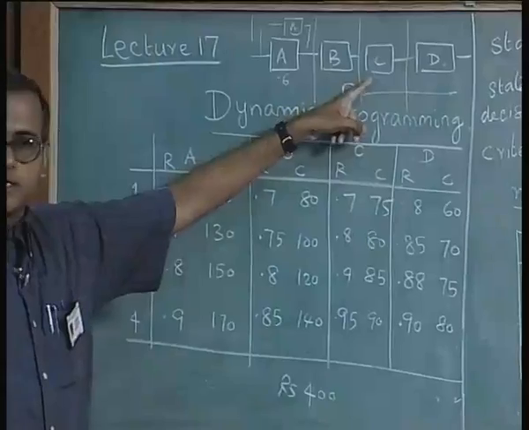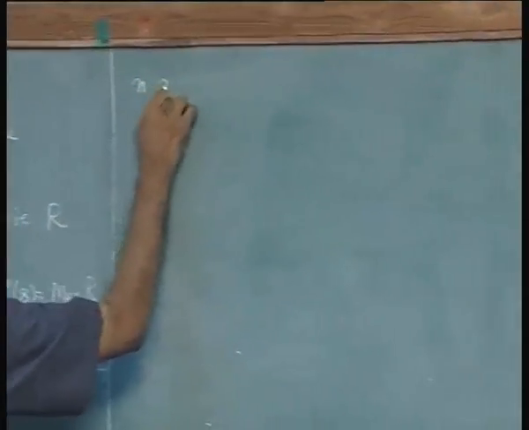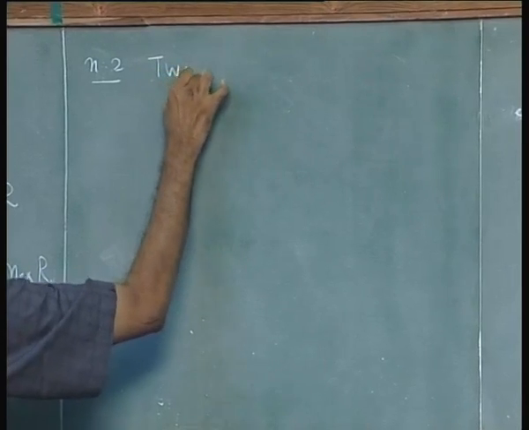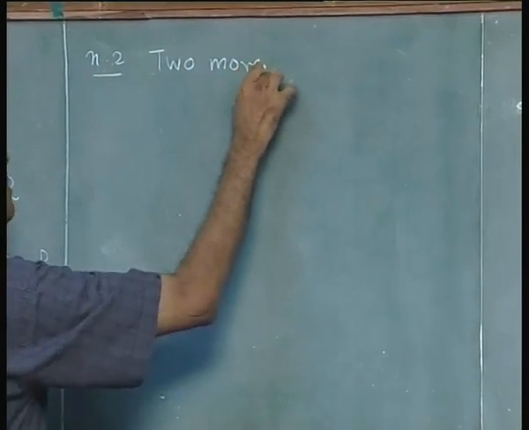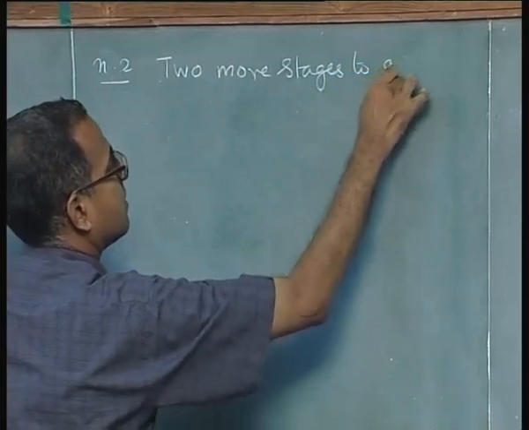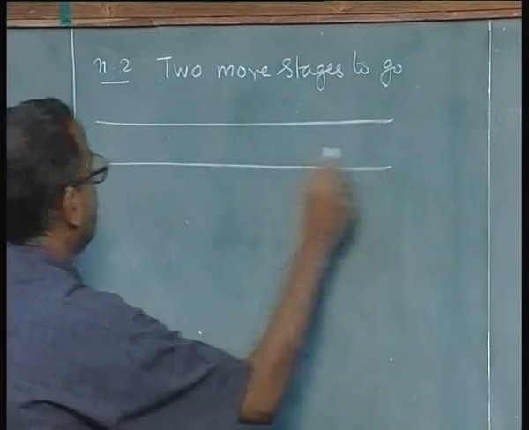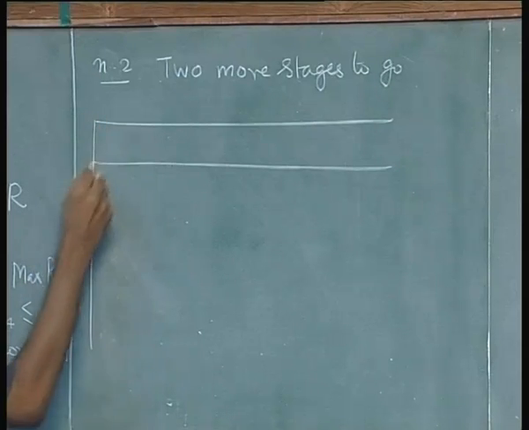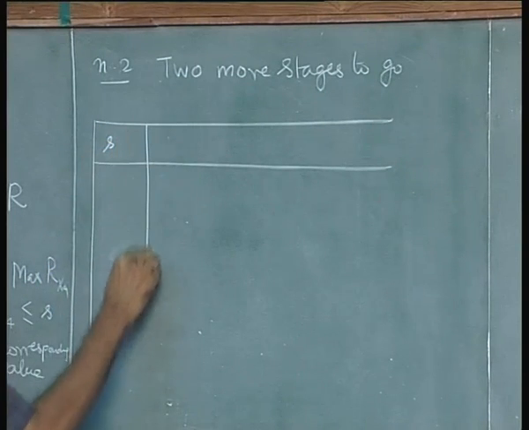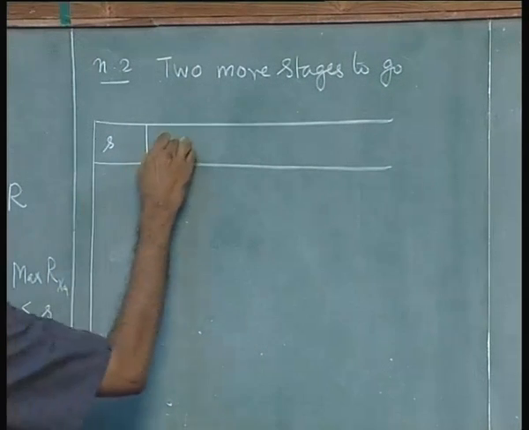Now when we go back and try to solve for this C and D put together, which means we have 2 more stages to go. So we are at n equal to 2, 2 more stages to go. Now we have the state variable S, and you could have decision variables.